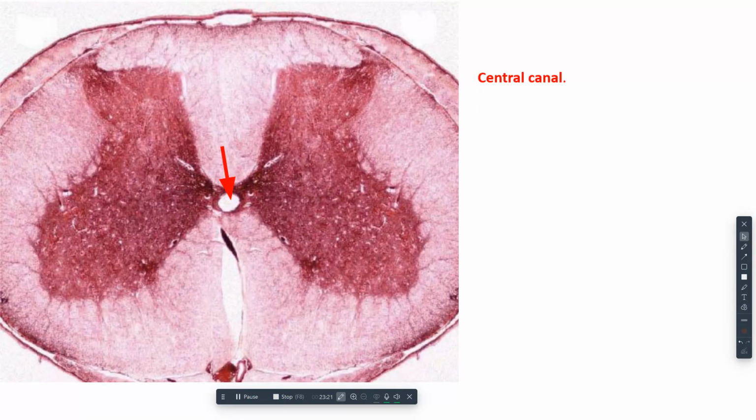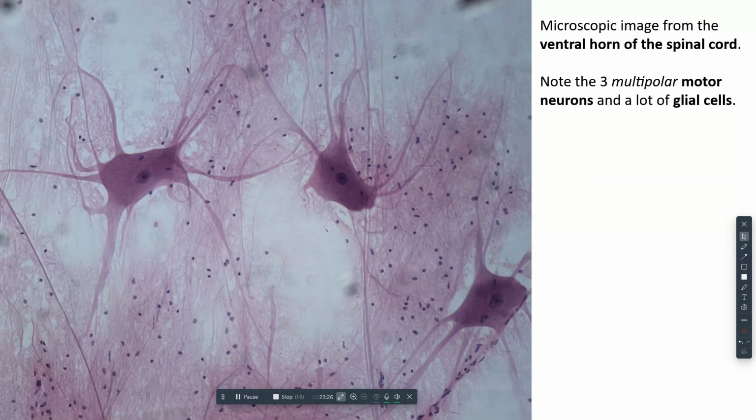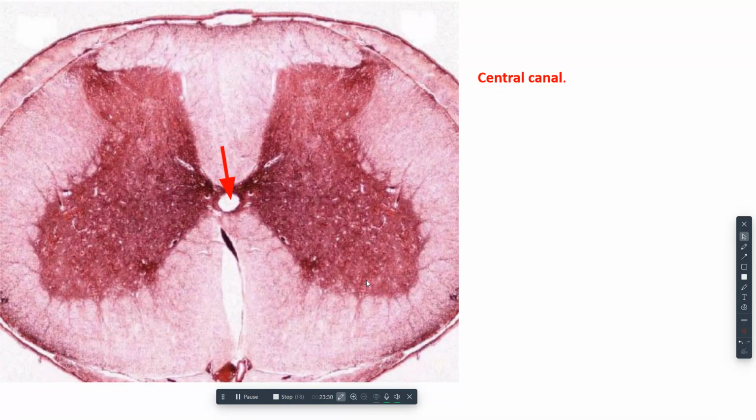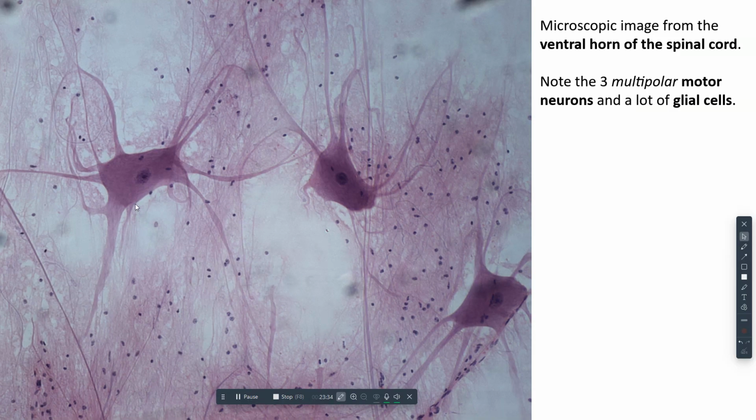All right, now what I want to do is zoom in on the ventral horn. And I've zoomed in on the ventral horn. Just as a reminder, this is the ventral horn right here. And I see a trio of multipolar motor neurons, as well as lots of nuclei from glial cells.